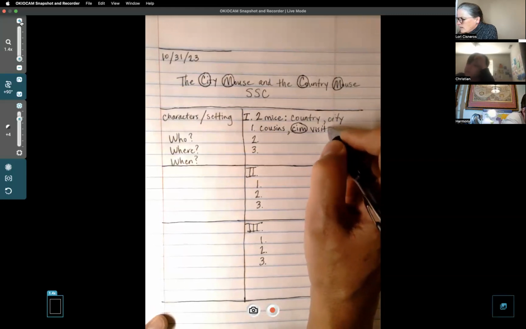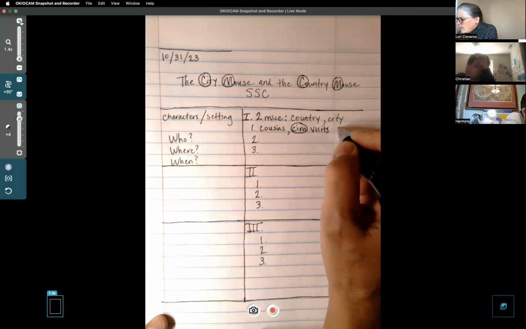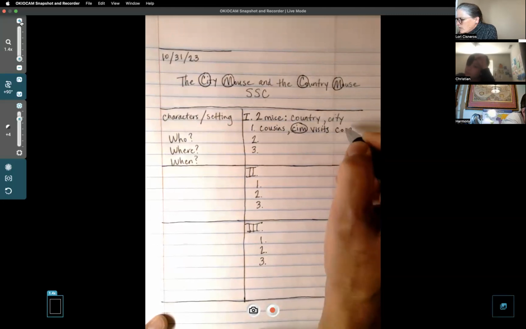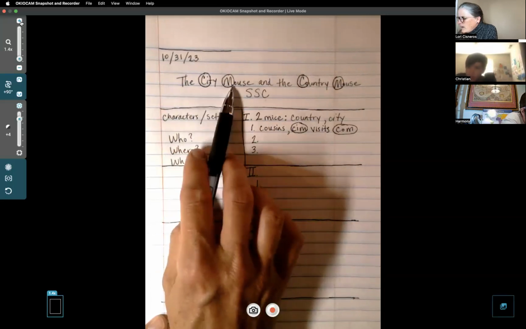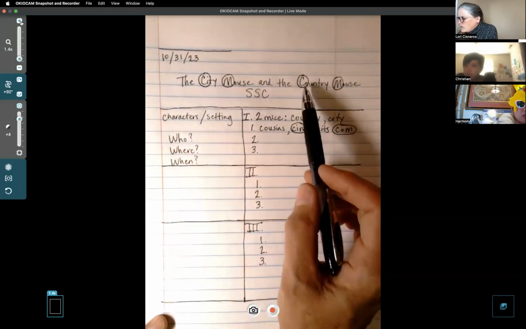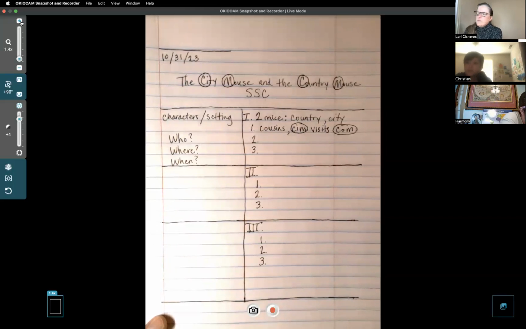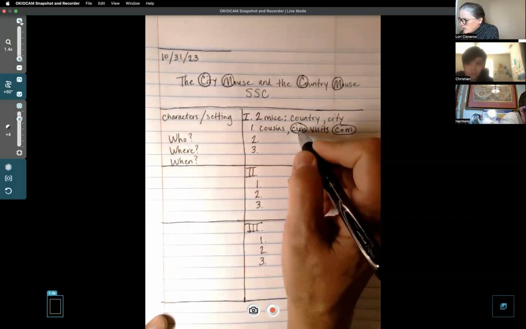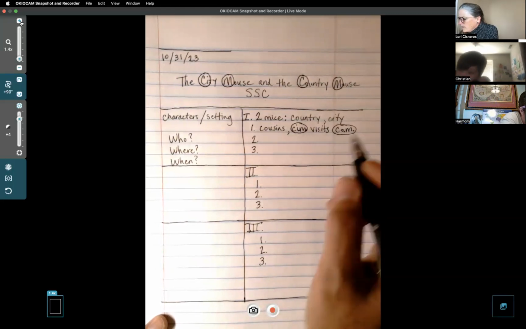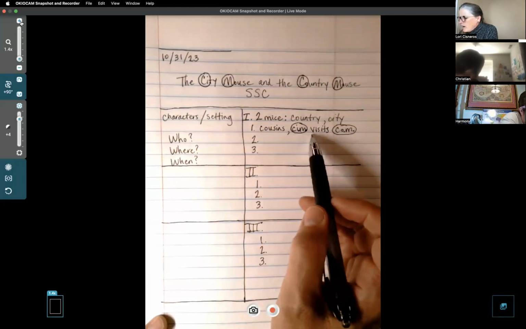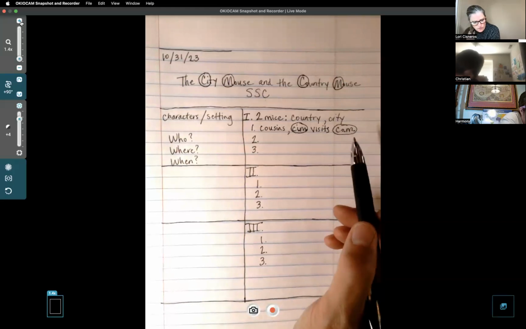Visits the country mouse. City mouse is CIM. Country mouse is COM. Maybe we should put dots between, like CI.M, CO.M. So they're cousins, and the city mouse visits the country mouse.